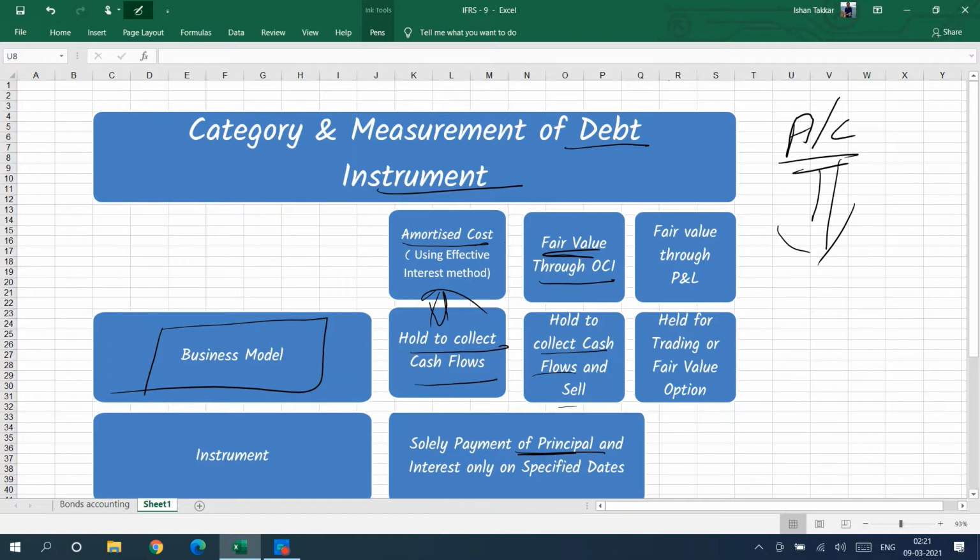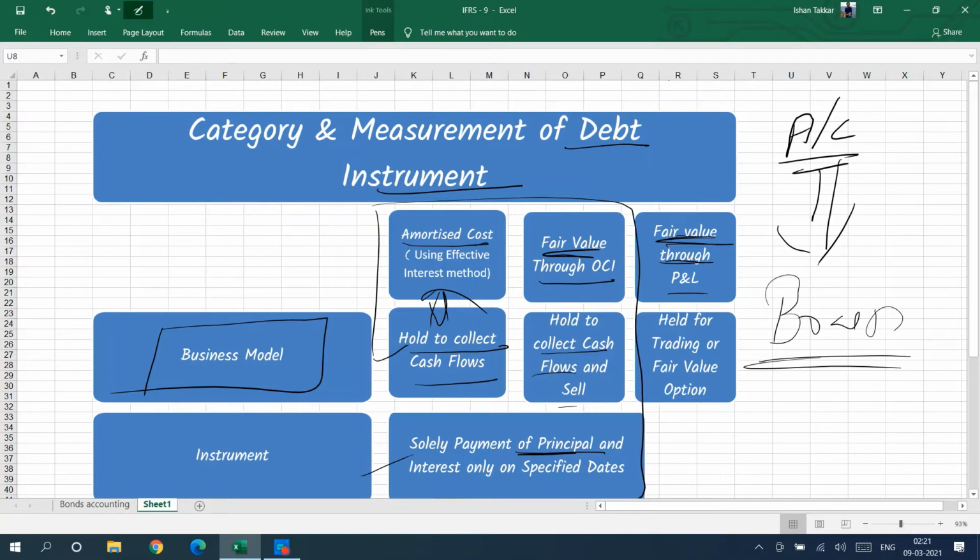If that is not the case, then it will not justify the first two conditions. It will fall into the third category, that is a residual category. If it does not fall in any of these categories, you have to compulsorily recognize your asset at fair value, and the changes in fair value are recorded in P&L.